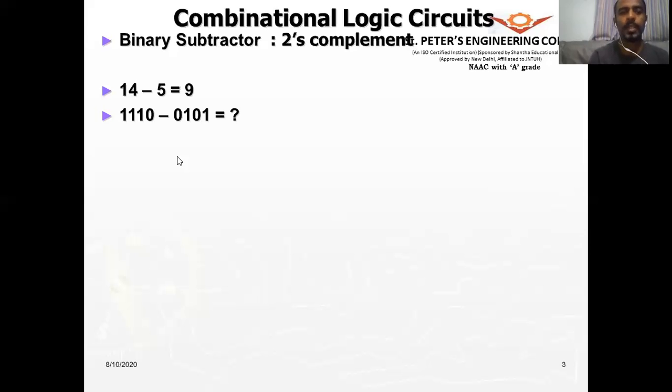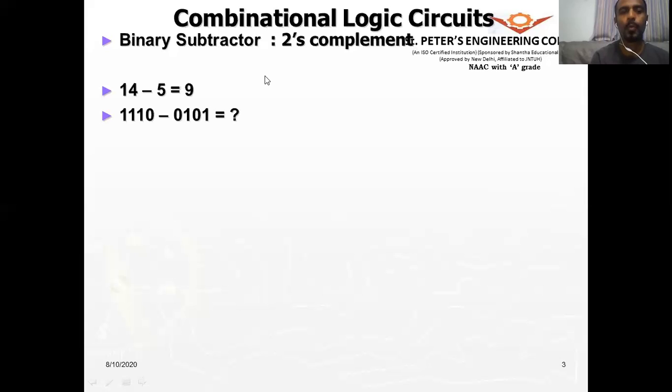All right. So what is the rule according to this 2's complement method? We have two numbers: one is called the minuend and the other the subtrahend. You're subtracting the subtrahend from the minuend. In the 2's complement method, we take the 1's complement of the subtrahend and add 1 to it to obtain the 2's complement.